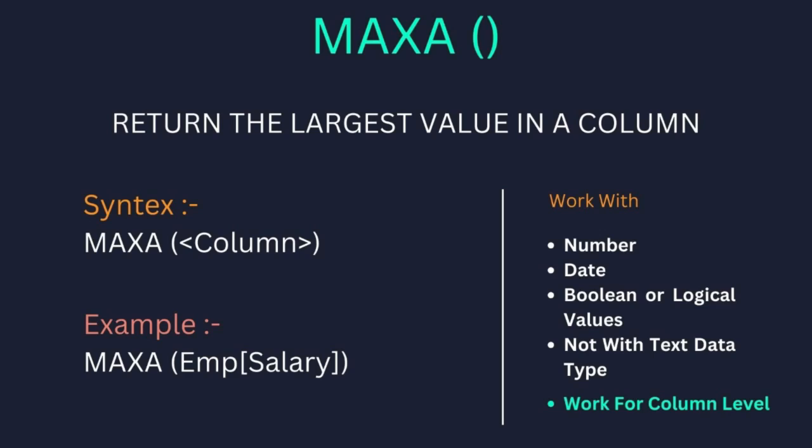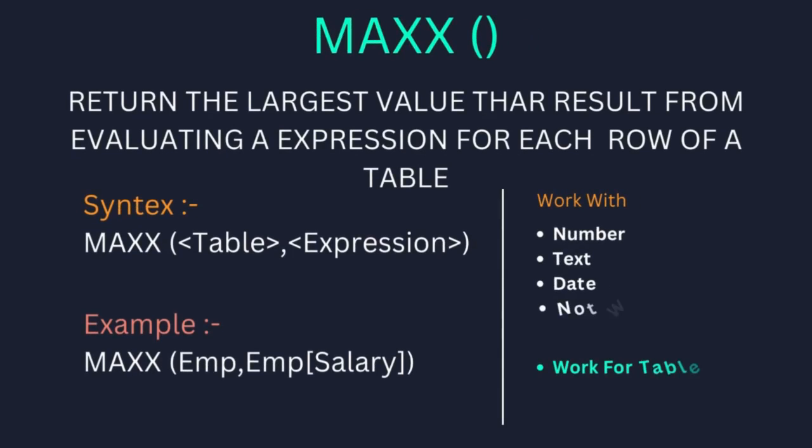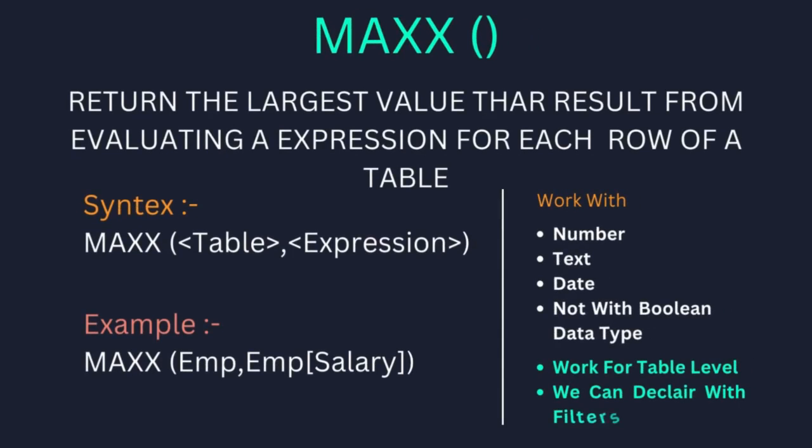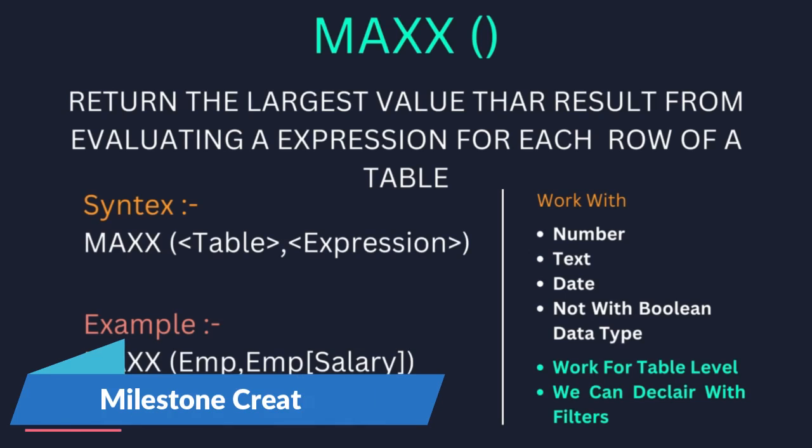Then the next is the MAXX DAX function. In the case of the MAXX DAX function, it returns the largest value that results from evaluating an expression for each row of a table. Here you can see the syntax, that is MAXX, then inside the bracket you have to pass the table name, then comma, expression.